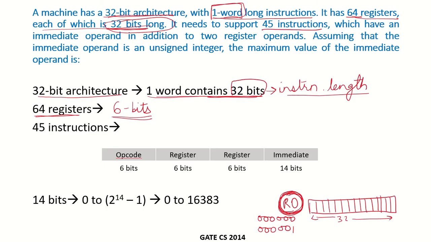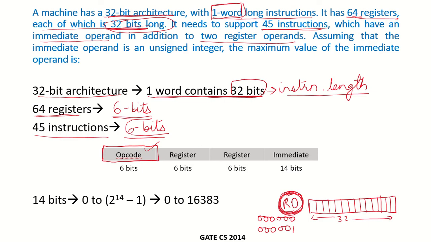Then there are 45 instructions. Taking the log of this and the ceiling, it will be 6 bits for the opcode. Using 6 bits for the opcode, we can encode 45 different kinds of instructions. The instruction also has an immediate operand in addition to 2 register operands.